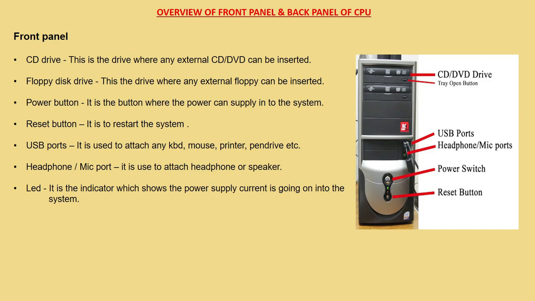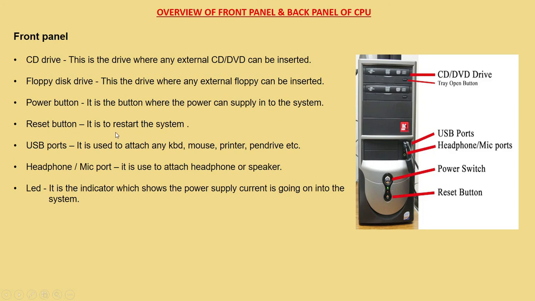Now see, the CD drive is the drive where any external CD and DVD can be inserted. Floppy drive is the drive where any external floppy can be inserted. The power button is the button through which power is supplied to the system.